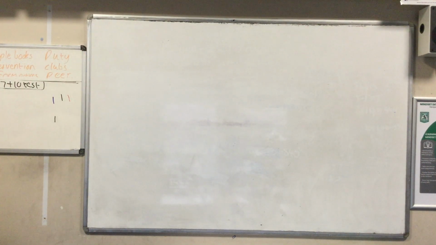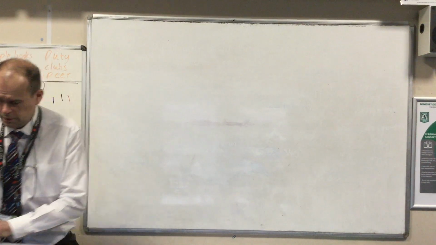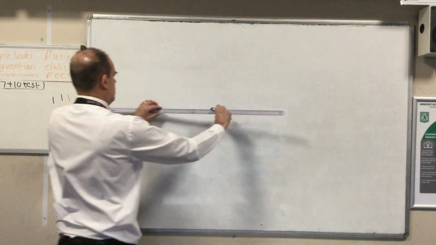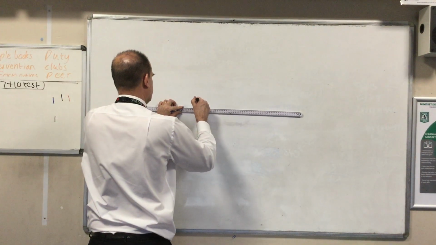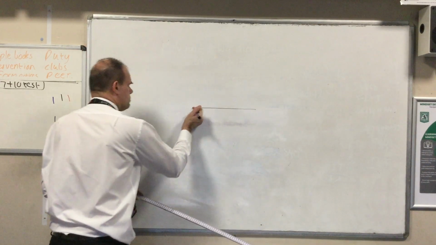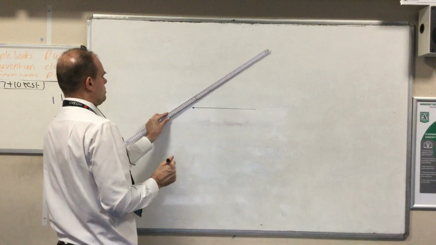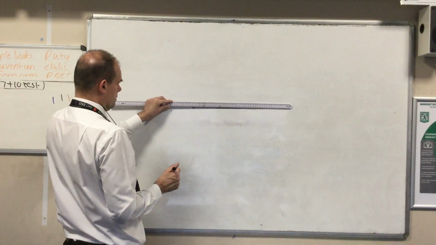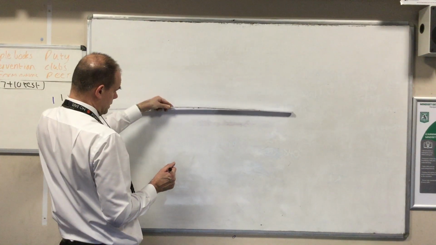Okay, so for example, let's see if I can draw this accurately with my ruler on the board here. Let's draw a line, because an angle is a movement between two lines. Let's say that's my pivot where it turns, and let's say that turns round here. At the moment, the two lines are on top of each other, so the angle's nothing.